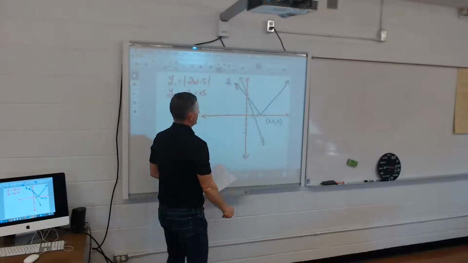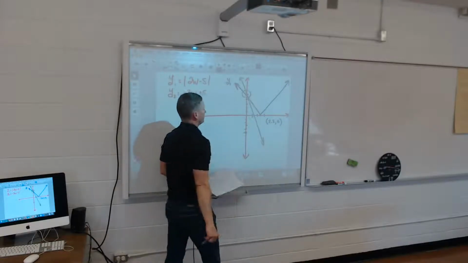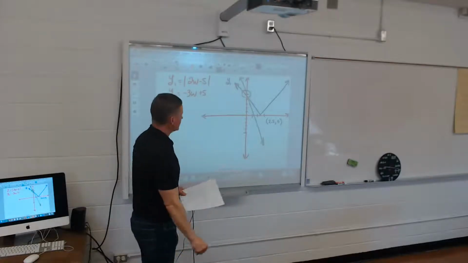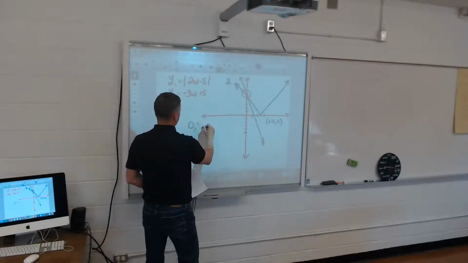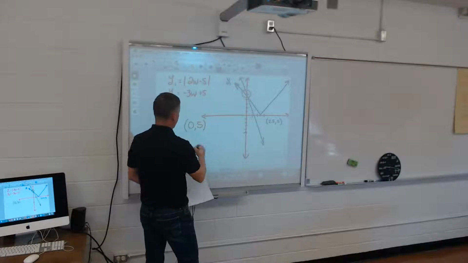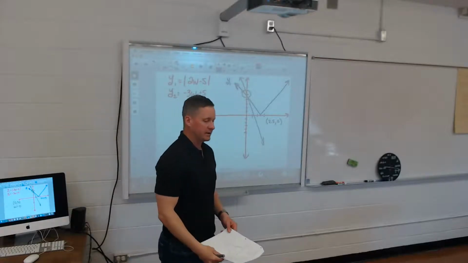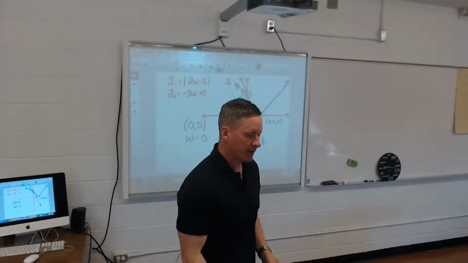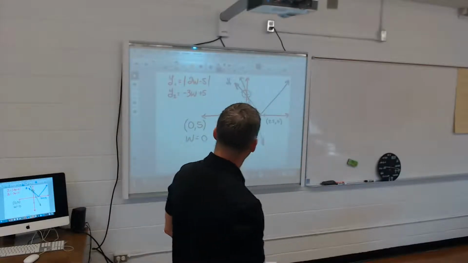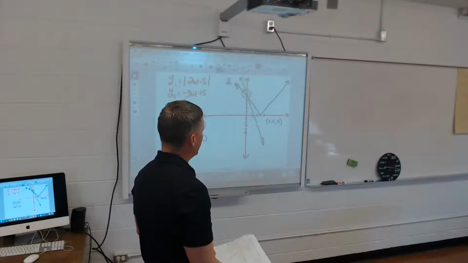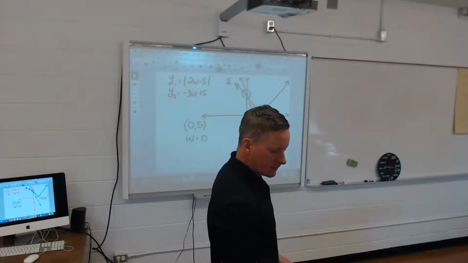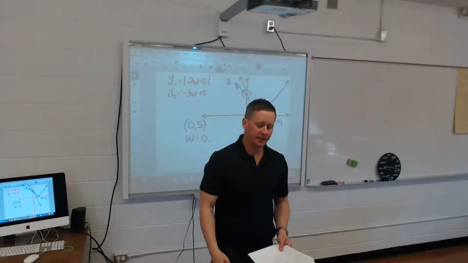All right, here's my intersection point right here. So my intersection point, the answer to the question, is either that or that. W equals 0. Either one is an acceptable answer or solution for that question. I just need to know where they cross. I need that intersection point.